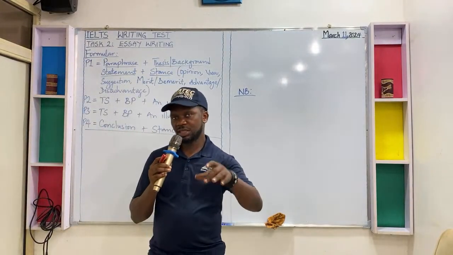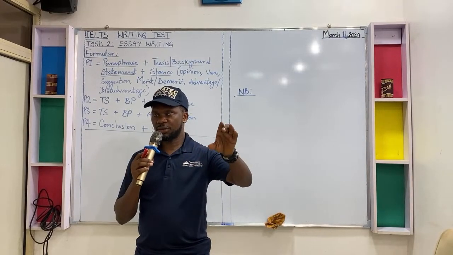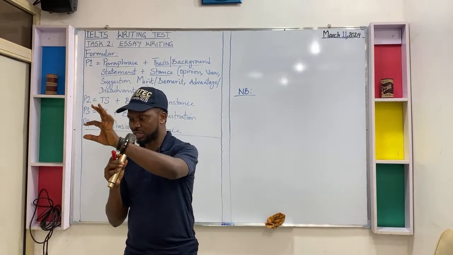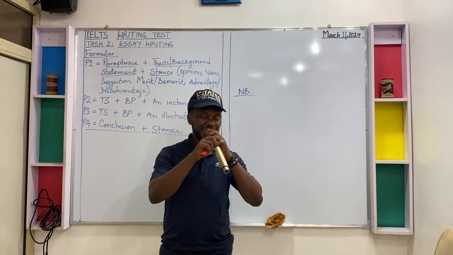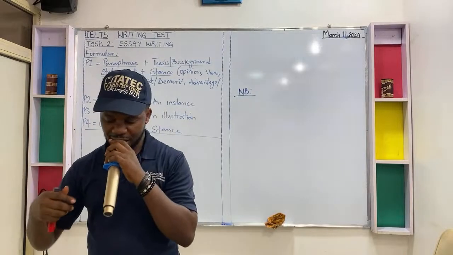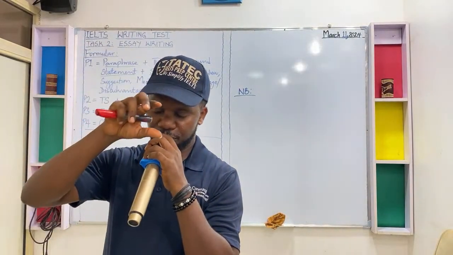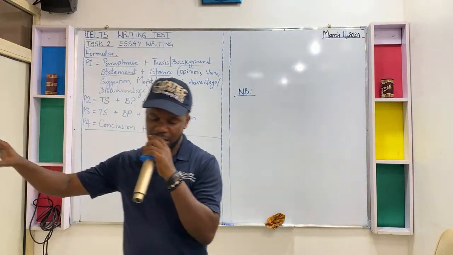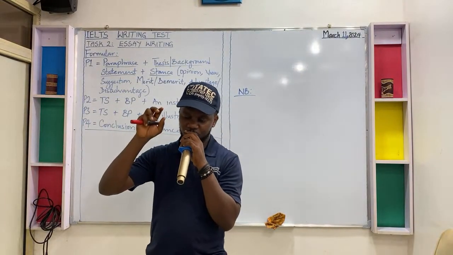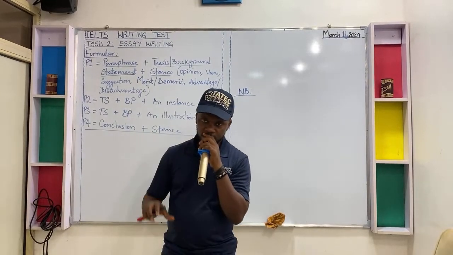So this simply means when you're drafting out your points, you have drafted out the first point and attached an example to it. You've drafted out the second point and attached an example to it. You also need to proffer an opinion. That opinion must be completely spelled out. You have to give your opinion in full.